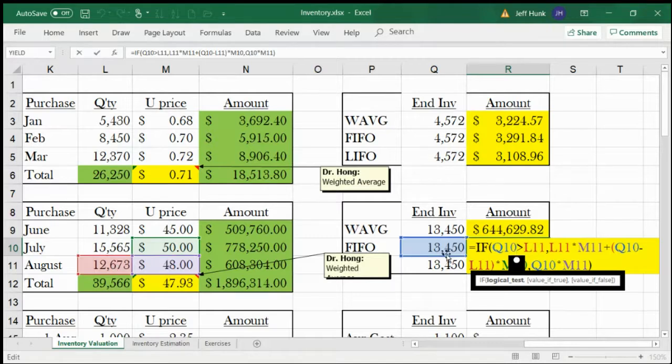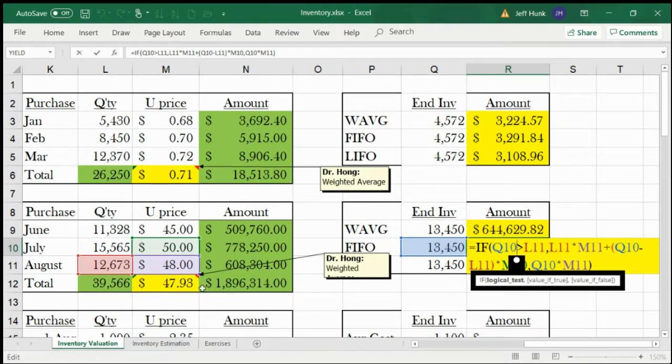Out of 13,450, 12,673 came from August, so you multiply it by August price, and the difference between this and this will be picked up by July. So that's the difference times July price, okay?